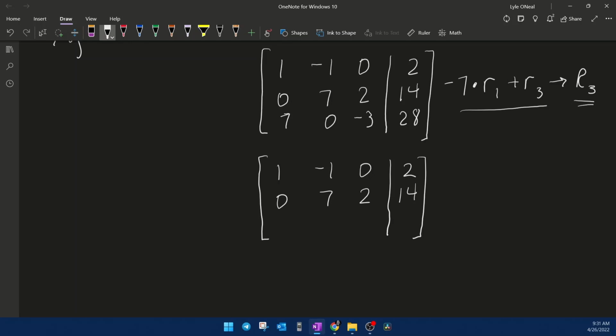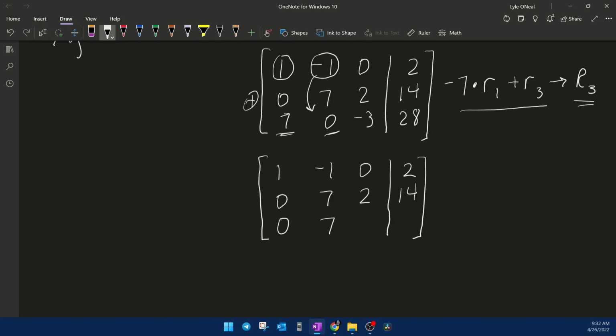We're going to start with negative 7 times 1 plus the corresponding element in row 3, which will give me negative 7 plus 7, which is 0. And then we need to rinse and repeat. Next, negative 7 times negative 1 is 7. 7 plus 0 is 7.